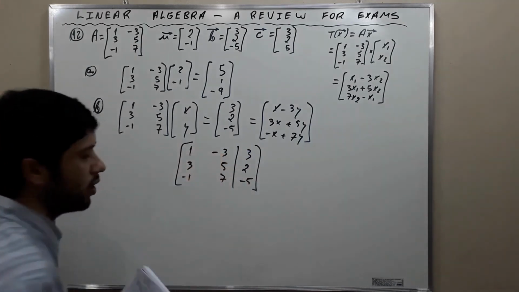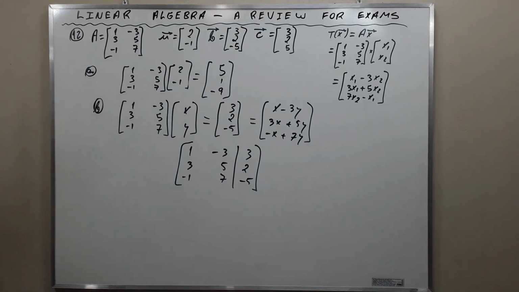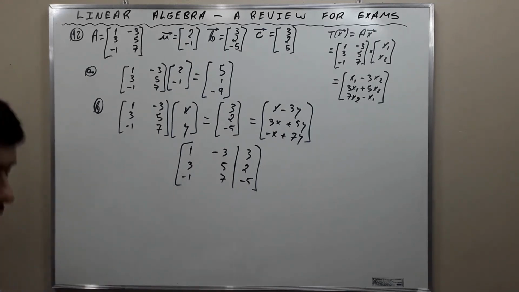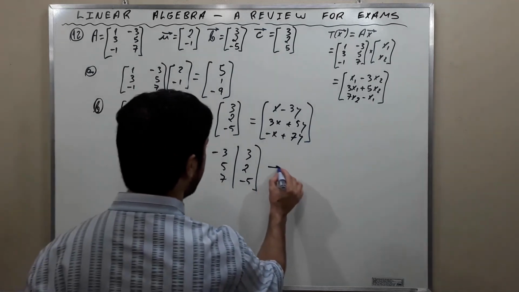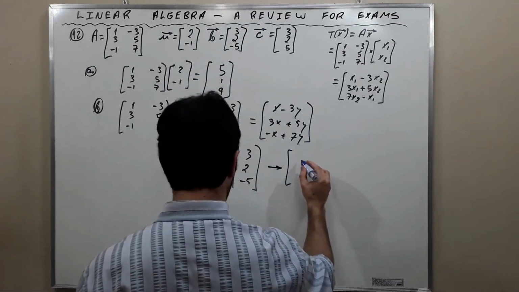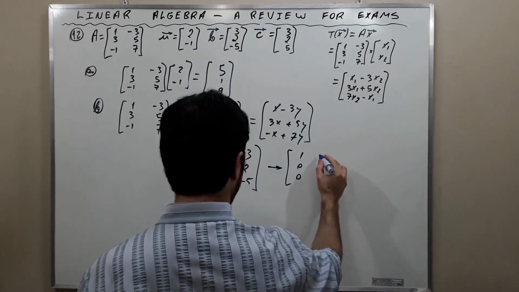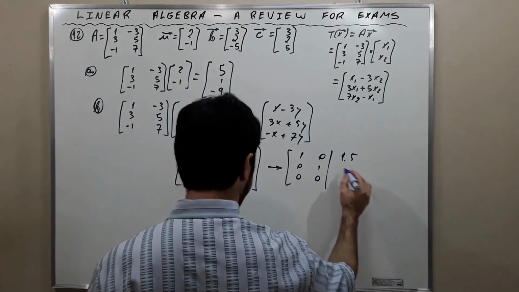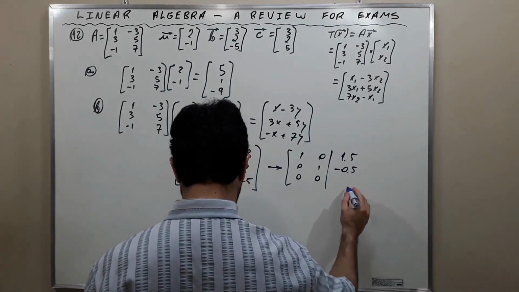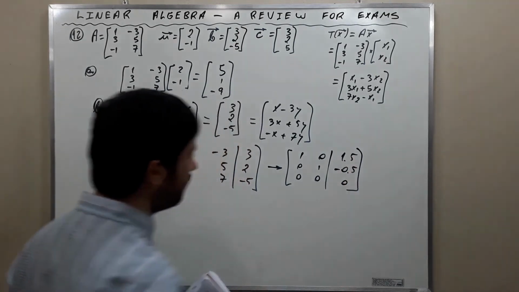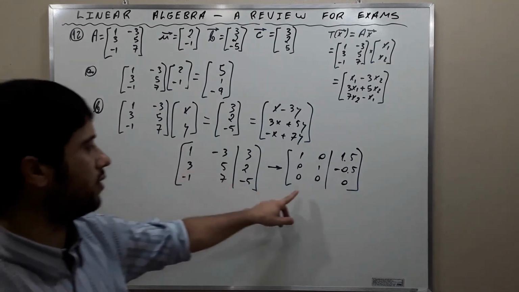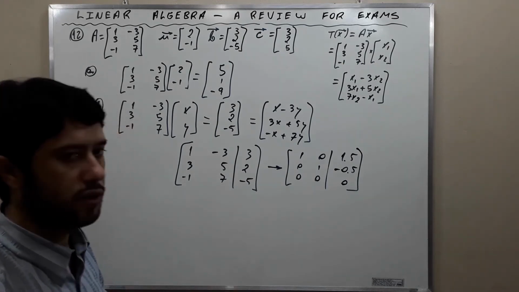Okay, we are going to operate on the rows of the augmented matrix, and after operating on the rows of the augmented matrix, we find this matrix here. All right, and what does it mean?